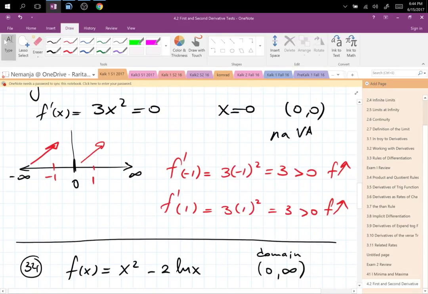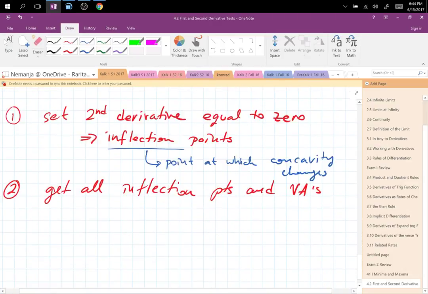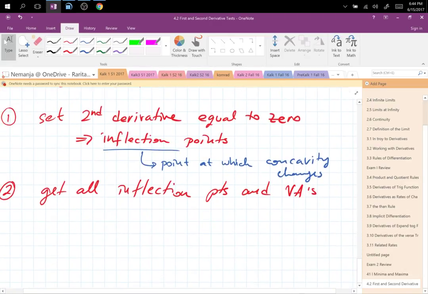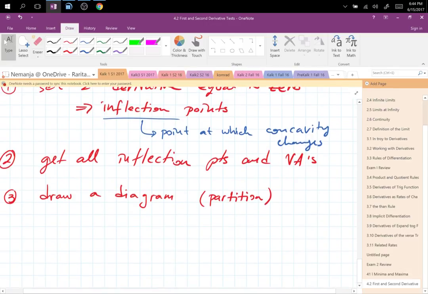So now, number 3, draw a diagram. Draw a diagram and partition. What do you partition? You partition all inflection points and vertical asymptotes. That's what goes in the mix.